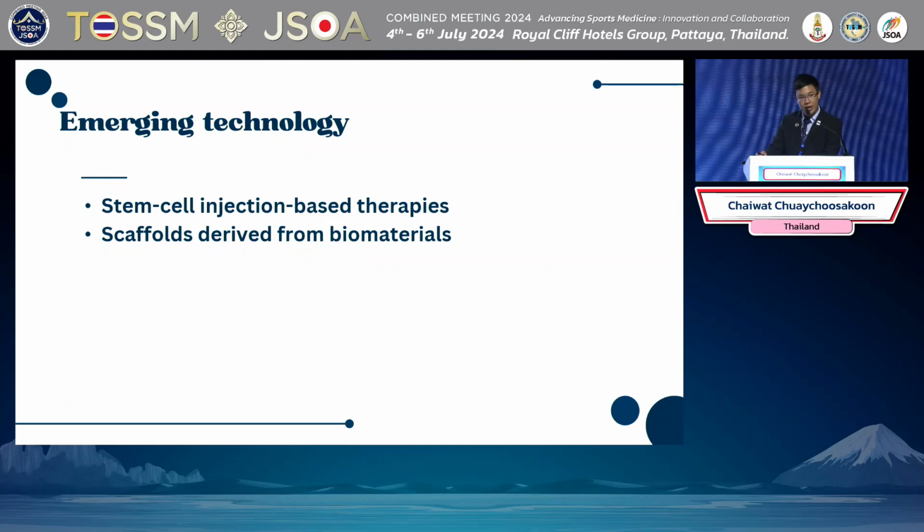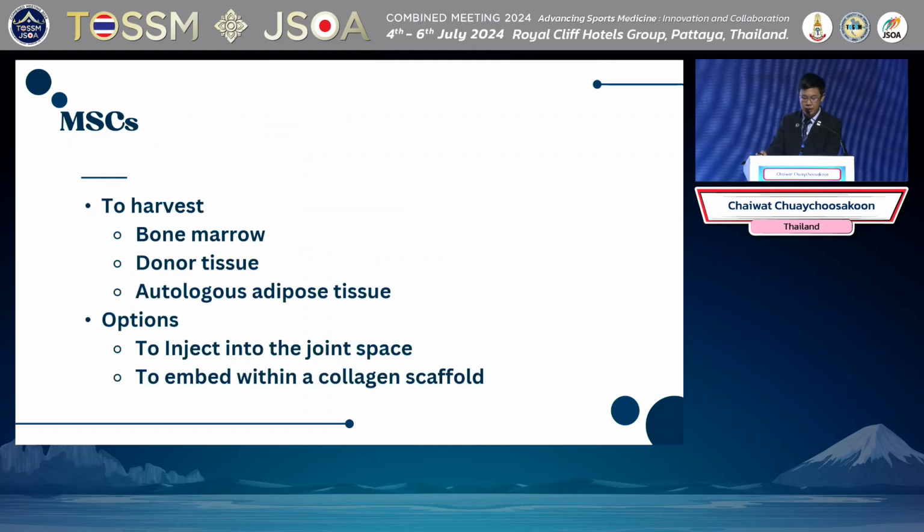And the last one, we have emerging technology such as stem cell injection-based therapy or scaffolds derived from biomaterial. For MSC, the surgeon can harvest from bone marrow, donor tissue, or autologous adipose tissue, with the option to inject into the joint or embed within a collagen scaffold.